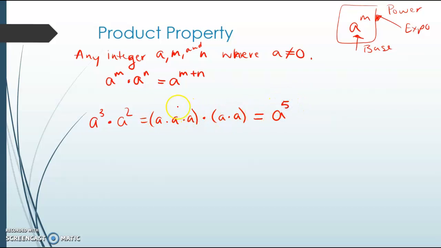And so instead of writing this out each time, we can just take the fact that a to the 3rd plus 2 is equal to a to the 5th. And so that's our property. As long as we are multiplying the same base, we add the exponents. So if you wanted to write that down, multiply same base, we add the exponents.